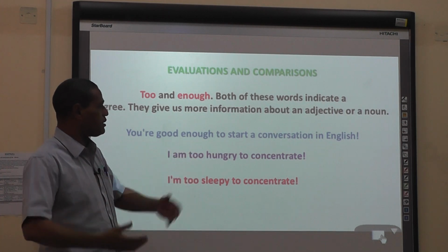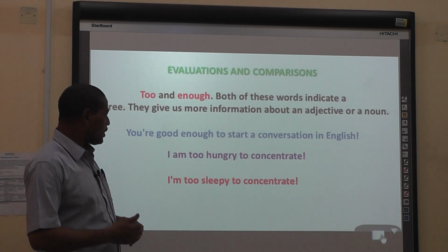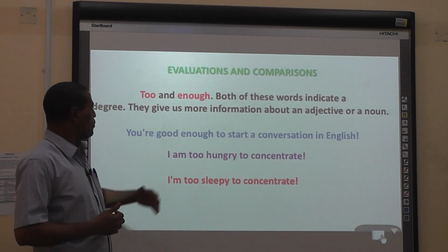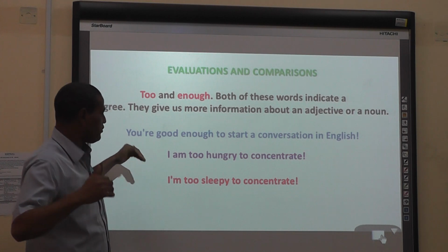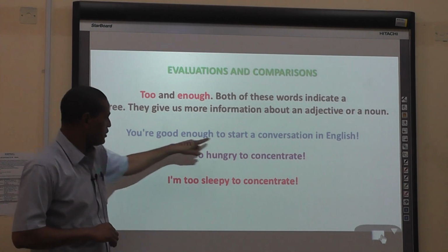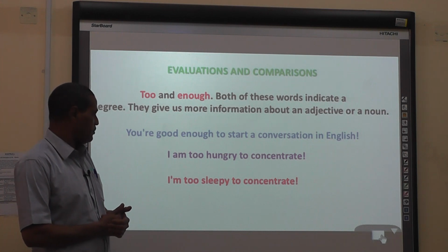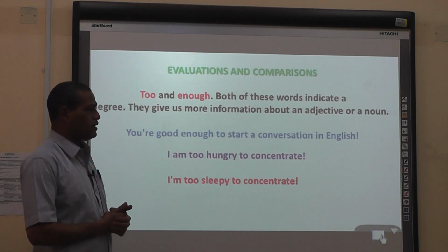You can start conversations in English. So it is a positive indication, while "too" gives us a negative indication. Like this one, "I'm too hungry to concentrate," or "I'm too sleepy to concentrate."